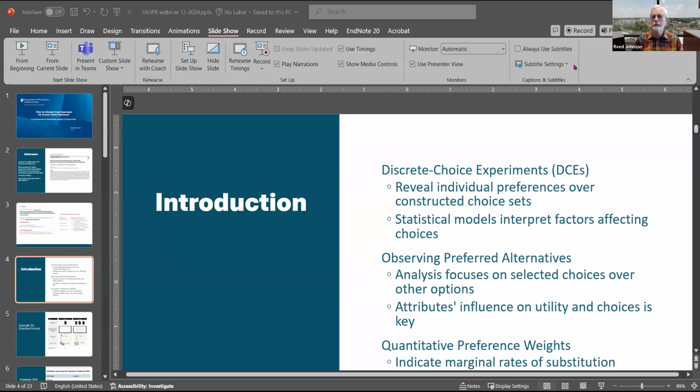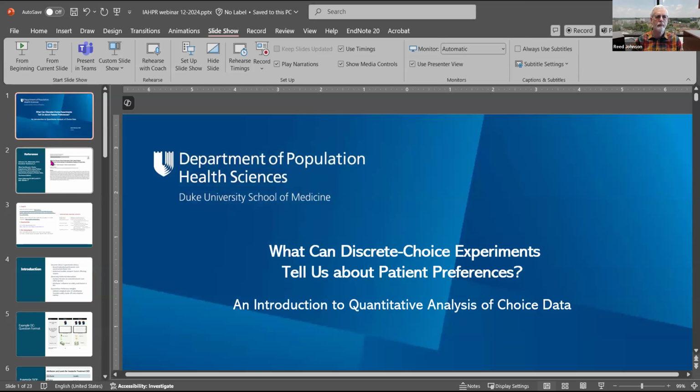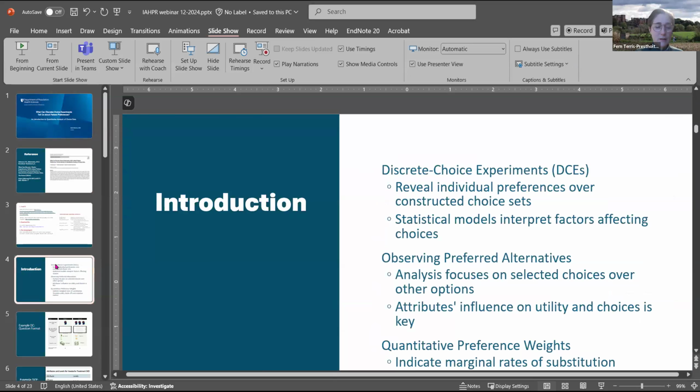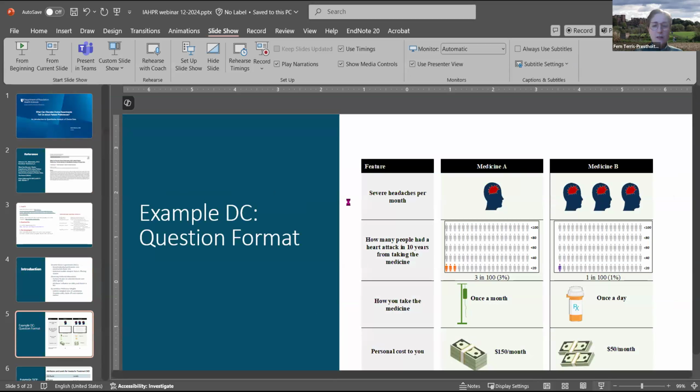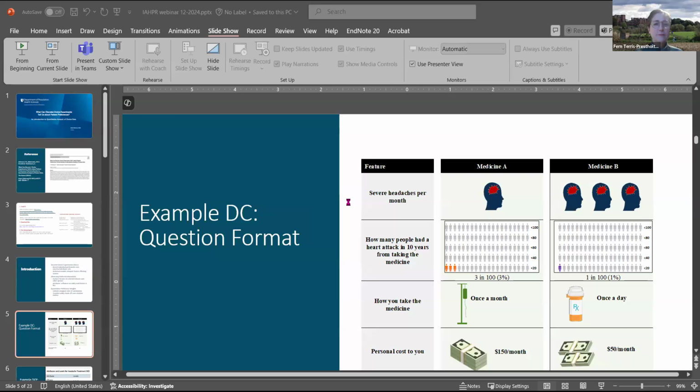So did you see this screen? Now we're seeing your, but yeah, this is the first. Move forward. Yep. And now make it make it display mode. Yes, now we're seeing your slides moving. Okay, now you didn't see what I was saying about the task layout, is that right? No. Ah, And we're not seeing them full screen. We're seeing your notes pages. so what are you seeing now? We're seeing your notes page example DC question format, but we're seeing it in editable mode rather than full slideshow.